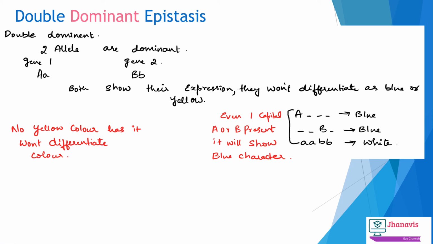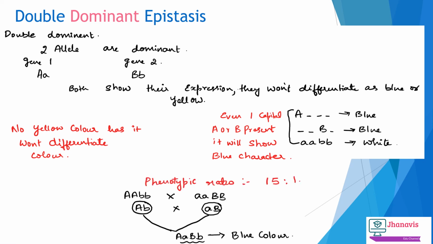So always remember, to explain the double dominant epistasis, we are taking the parent capital A, small b, and they are crossed with small a and capital B. So here the F1 generation will be capital A, small a, capital B and small b. Remember, even though A is dominant and B is dominant, here there will be no differentiation of the color.